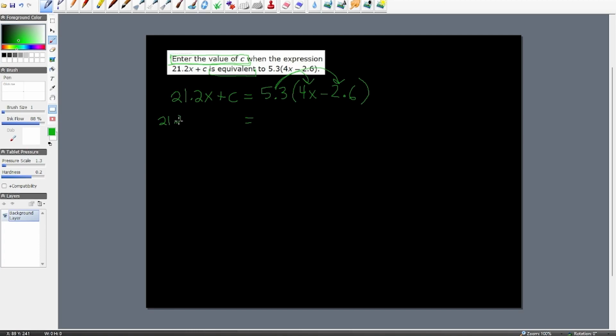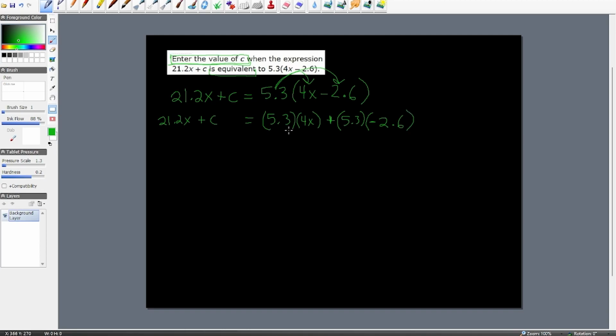It's still 21.2x plus C. And we've got 5.3 times 4x, plus, always plus when we're doing the distributive property. The signs are taken care of when we plug in the signs into these parentheses. 5.3 again, but now it's being multiplied by this negative 2.6.